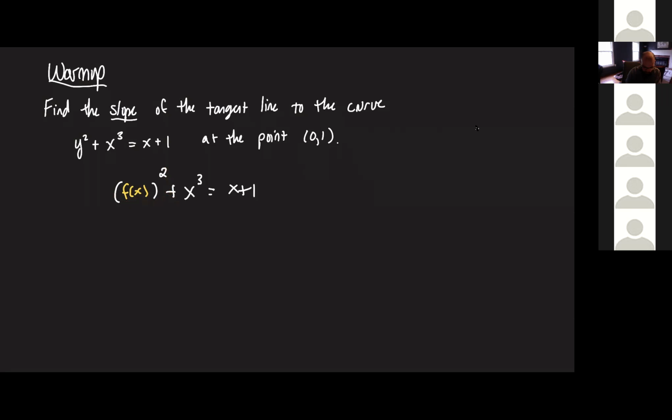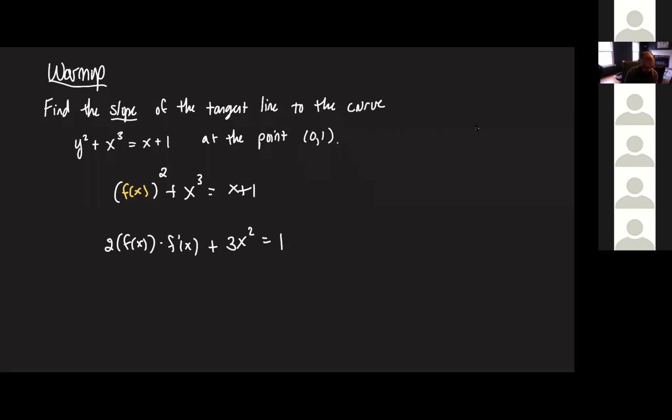So I'm going to get 2 times f of x. This is going to be my chain rule part where I multiply by f prime of x. And then I'm going to add this to the derivative of x cubed, which is 3x squared. And this thing is going to be equal to 1 plus 0, right? So the derivative of x is 1, and then plus 1 goes to 0.